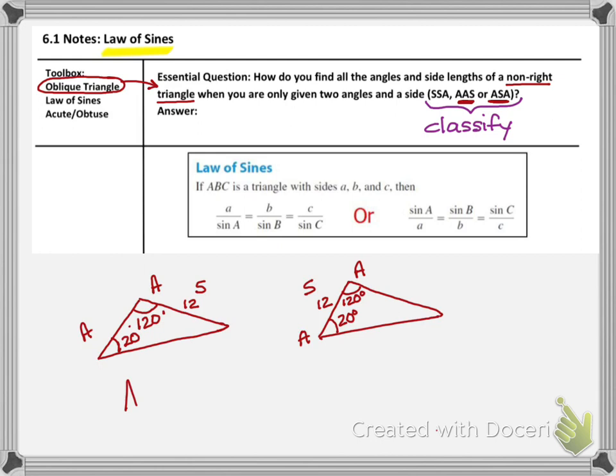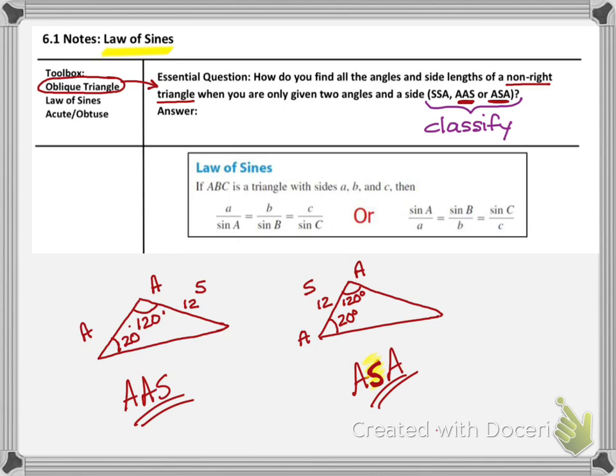So this one would be an angle angle side classification, whereas this one would be an angle side angle because the side length is trapped between both angles, okay? So that's the difference between these two classifications. Regardless, those two and SSA, if you have a triangle that classifies as either one of those three, you are going to use the law of sines to solve the triangle.